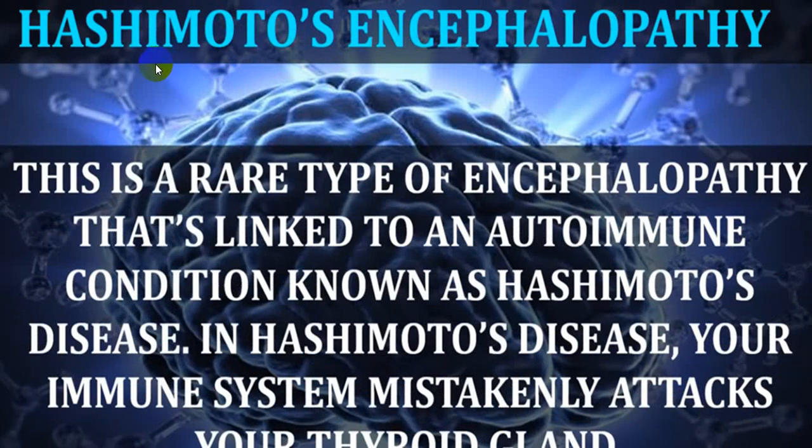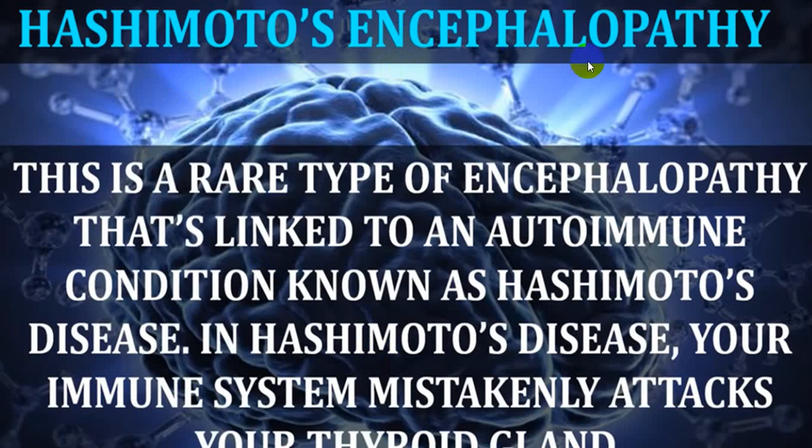There is another disorder which is a rare variety of encephalopathy, which is because of an autoimmune mechanism, very commonly seen in Hashimoto's disease. Apart from attacking the thyroid gland producing Hashimoto's, it also involves the brain, and then it is called Hashimoto's encephalopathy.